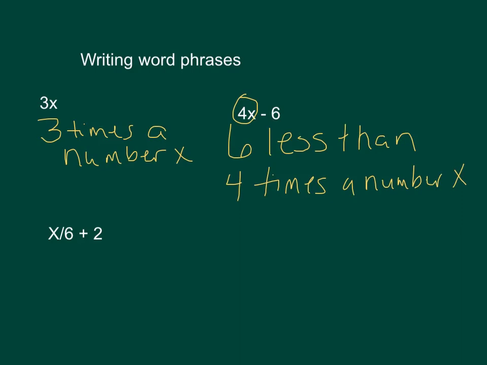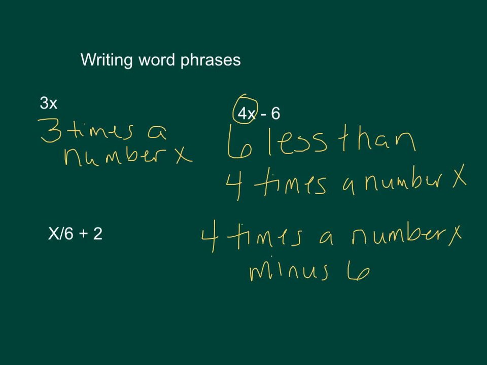That's one way. The other way is without using less than, and then you can just do it in order. So we can go 4 times a number x minus 6. Some of you get a little confused with less than, so don't use it if you don't have to.